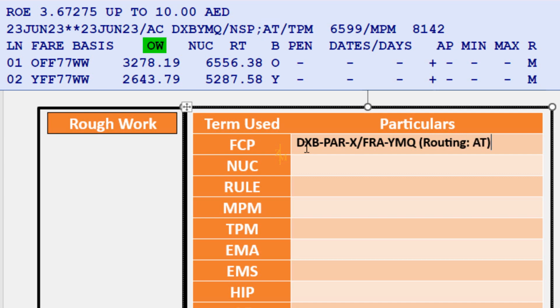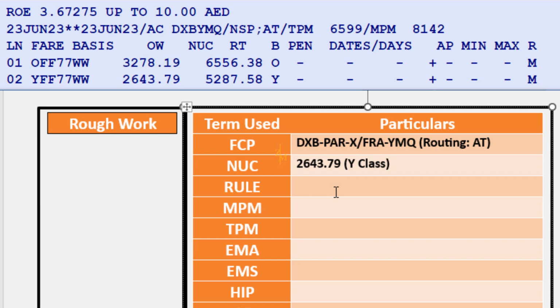Step 2. One-way fare in neutral unit construction, NUC. The one-way fare in neutral unit construction, NUC, is a standardized measure used to calculate the fare. In our example, the one-way fare in NUC is 2,643.79. Step 3. Rule for routing.